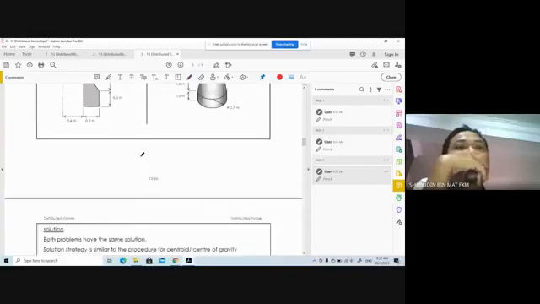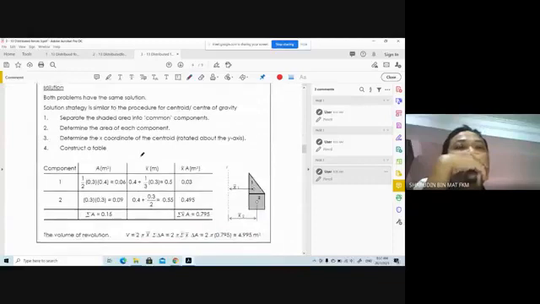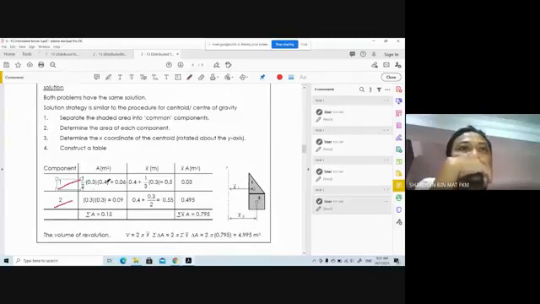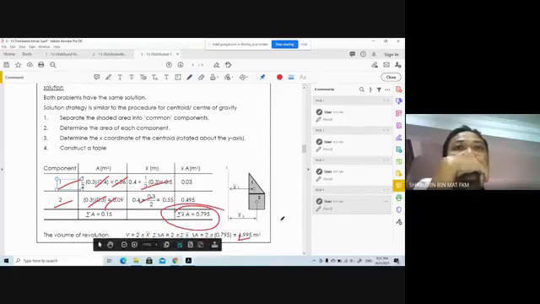So it's going to be so simple like this. How many components are there? First component, second component. The area for the first component is simply half that. The area for the second component, x bar, y bar, and then you are done.